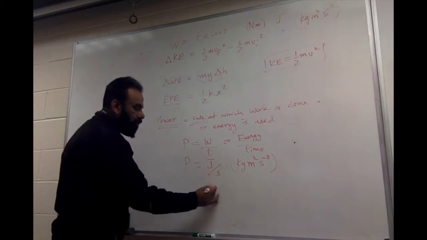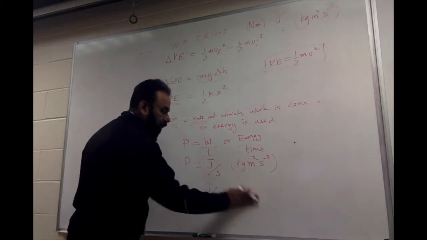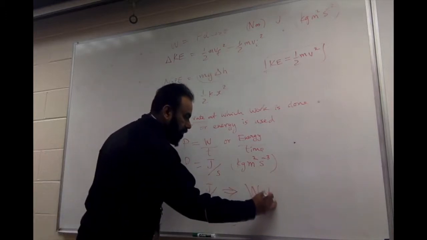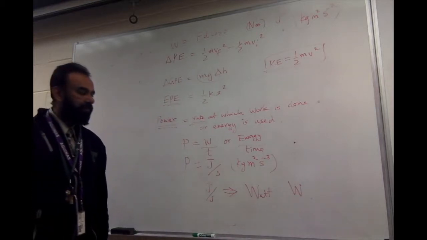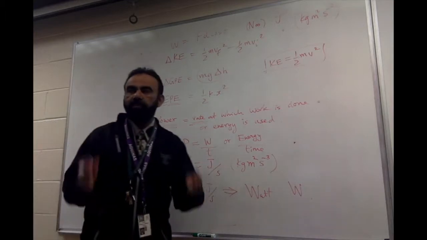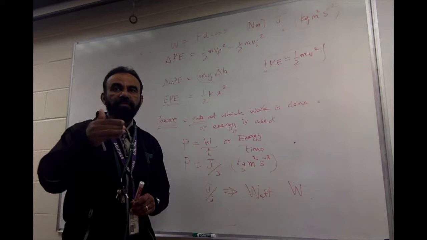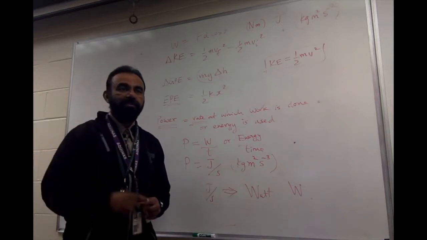Instead of writing joules per second, we have a shortcut unit for power named after James Watt: W. So joules per second is shortened as just watts. So power is measured in watts. You know that any power, sound power, you're measuring in watts, right?